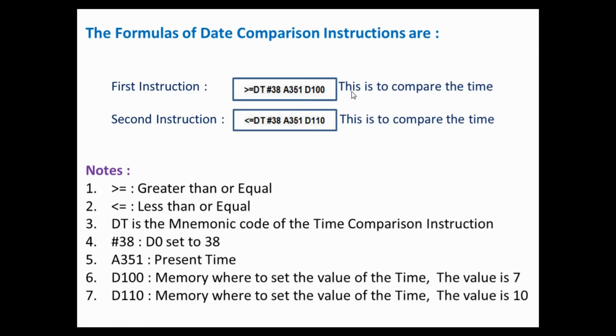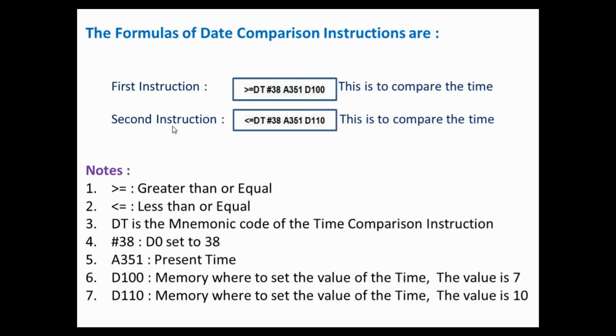This is to compare the time between A351 with the value of setting time at D100. A351 is present time, so the value of setting time at D100 is 7.